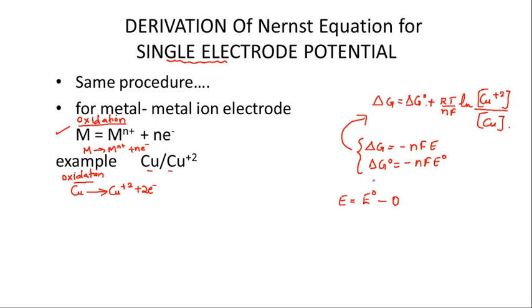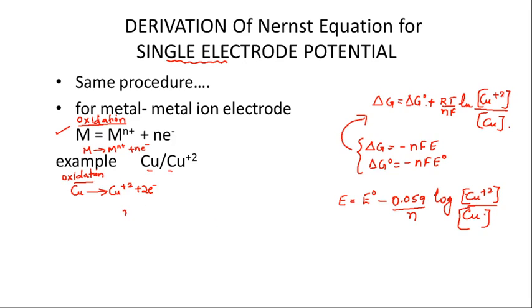After substituting those values also, we get 0.059 divided by n log of concentration of the copper ions divided by concentration of copper.